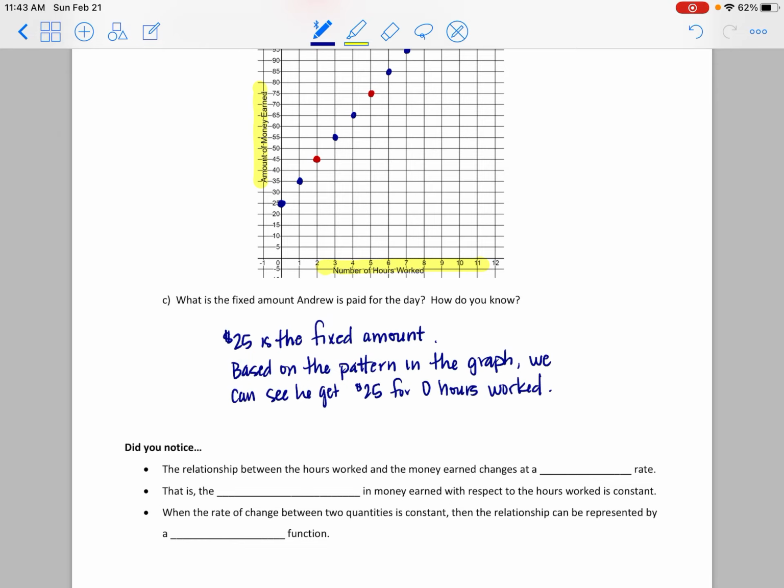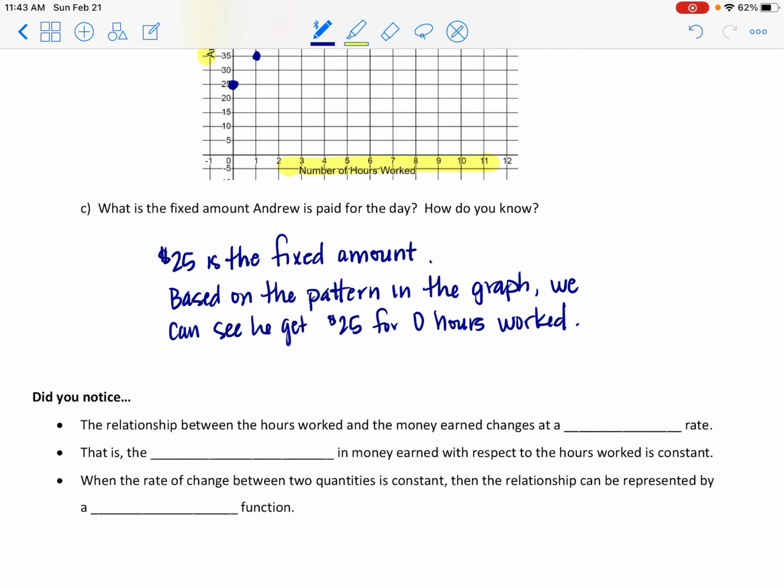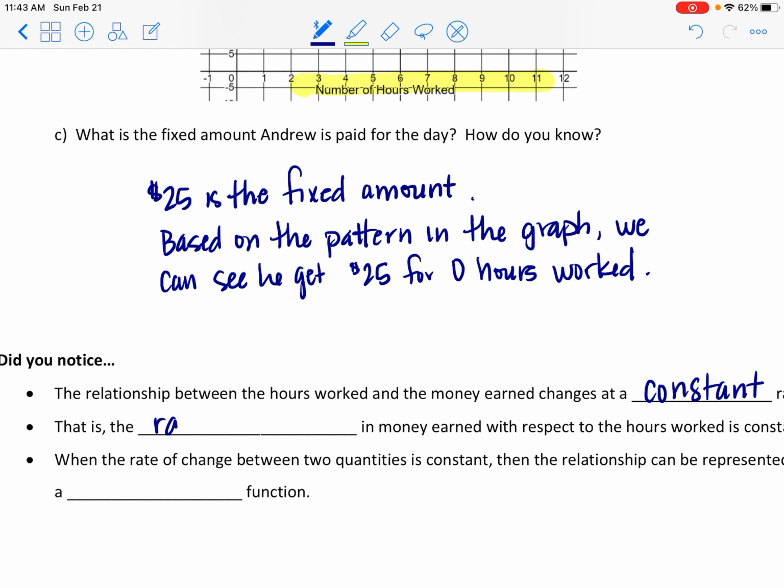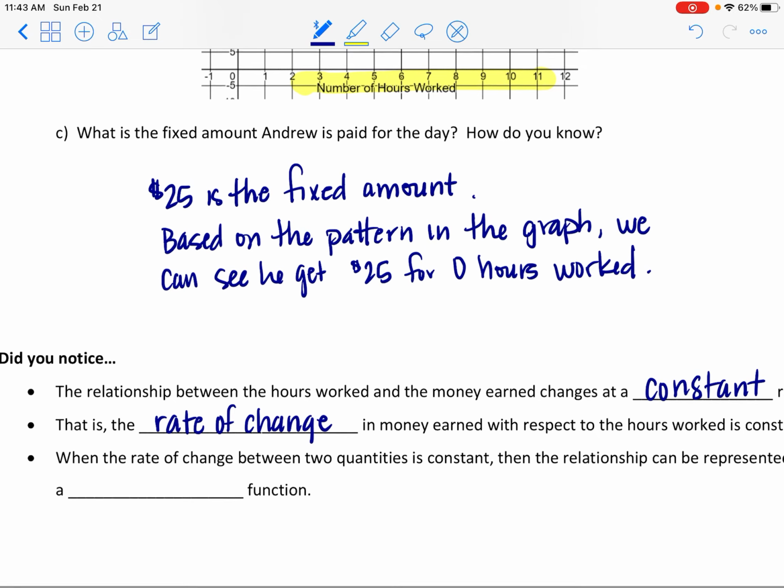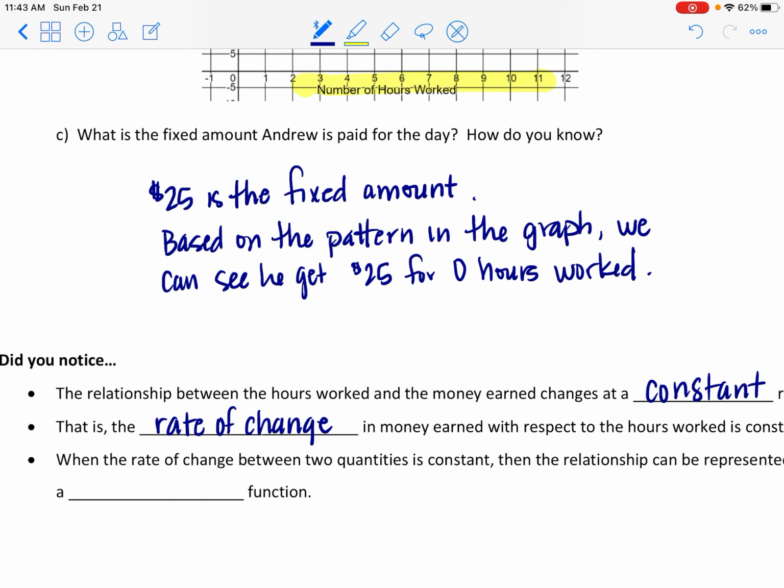So what we have are these two variables that are changing at a constant rate. The rate of change with which one quantity is changing in relation to the other is constant. And that is the rate of change. The rate of change in the money earned with respect to the hours worked is constant.